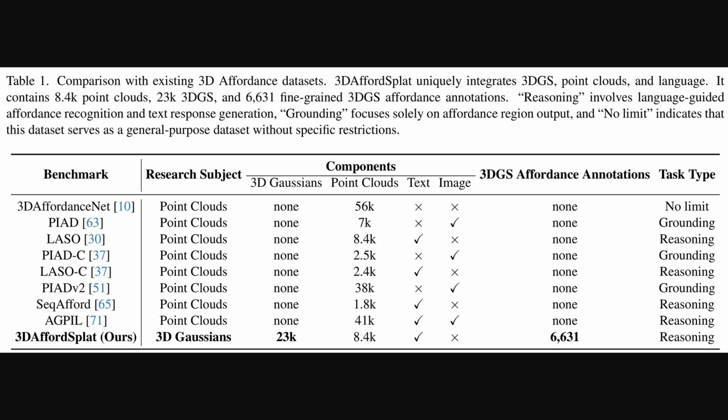It also boasts a significant number of 3D Gaussian instances, 23,000 of them, and critically, it's the only dataset providing specific 3D Gaussian splatting affordance annotations with over 6,600. This combination allows for reasoning tasks, which means it supports understanding affordances based on language instructions and generating textual responses.